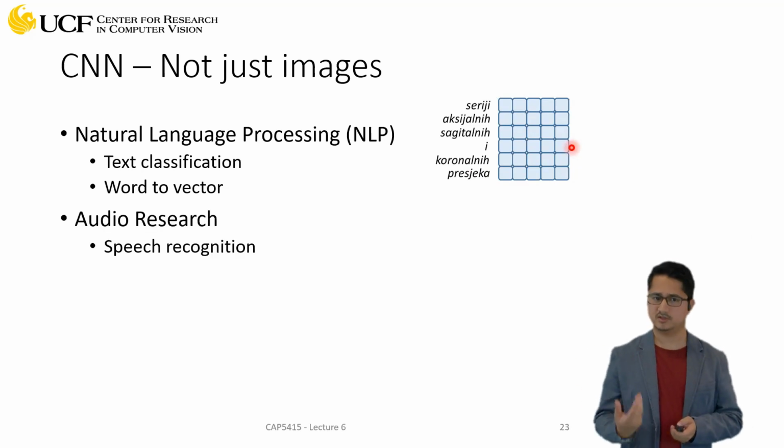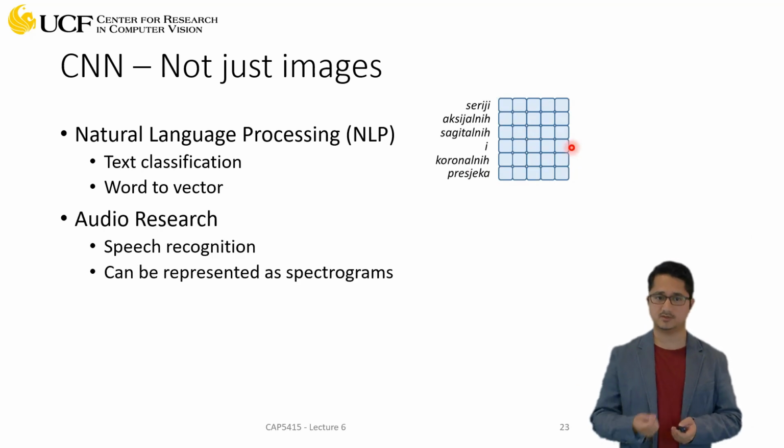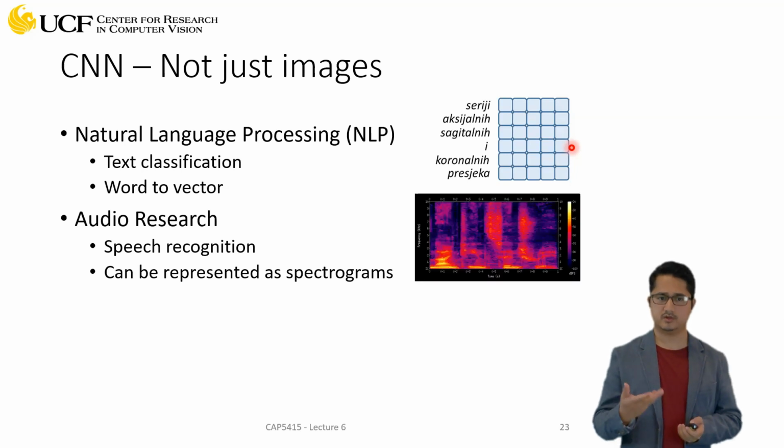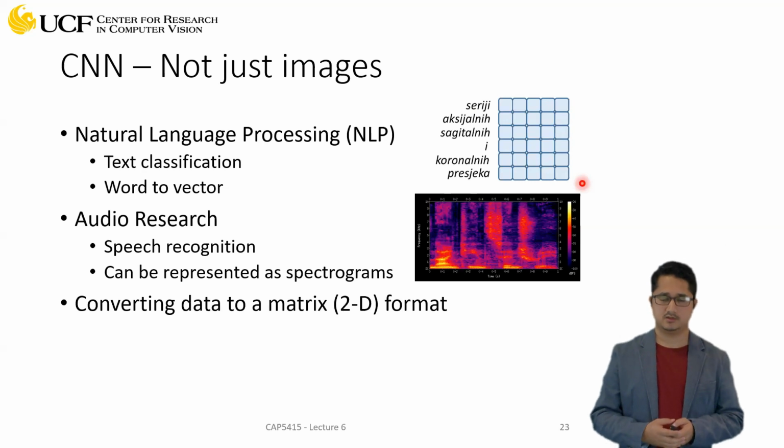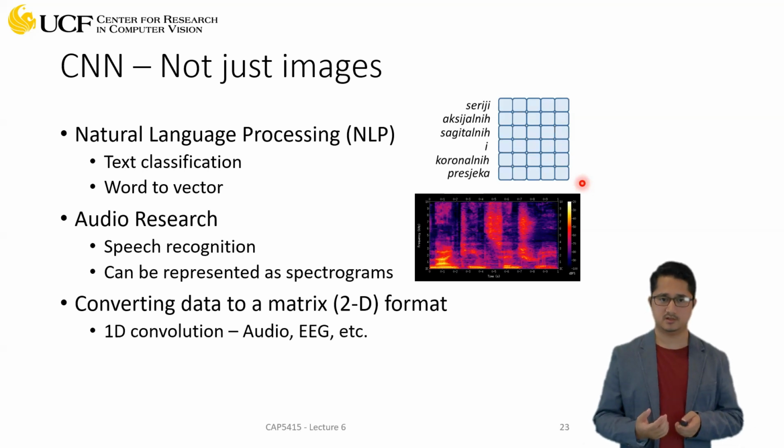All right. You can use this for audio research as well. Audio is just a one-dimensional signal, but you can represent that one-dimensional signal as a spectrogram, which looks something like this. Once you have this matrix form of input, you can apply CNNs. So if you can convert your data to a matrix format, either 2D, 3D or 4D matrix, then you can use CNNs.